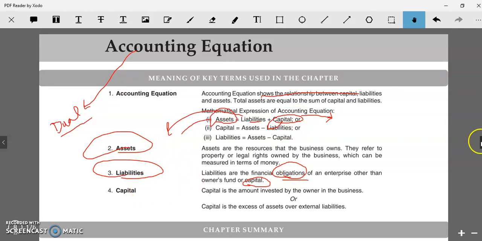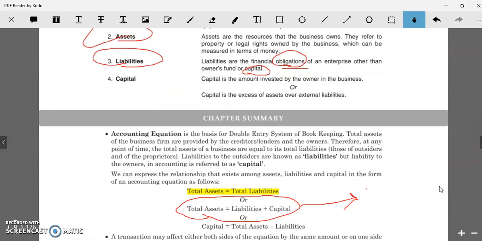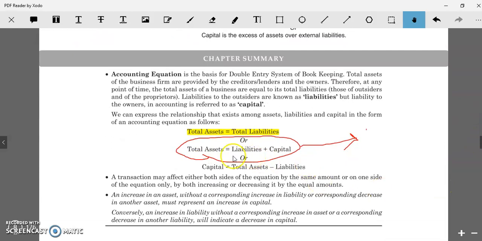Then what we did is this equation again: total assets equal to liability plus capital. First we made the equation, total assets equal to liability. Then we divided that liability into two parts. One is outsider liability, second is your insider liability, meaning your money in the business. This equation you have to write first.